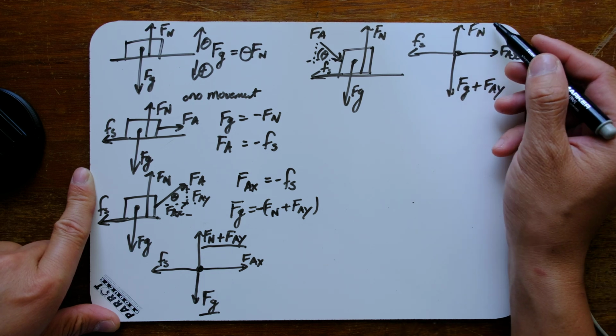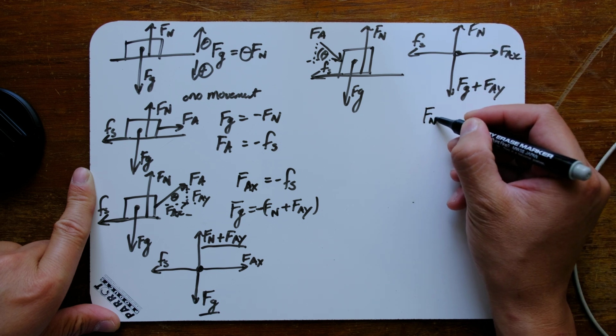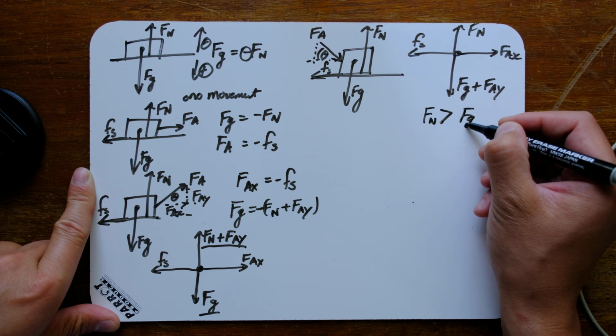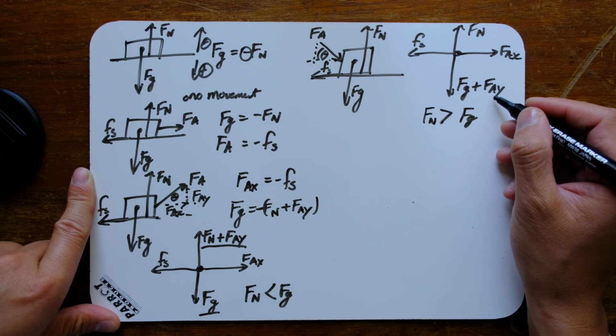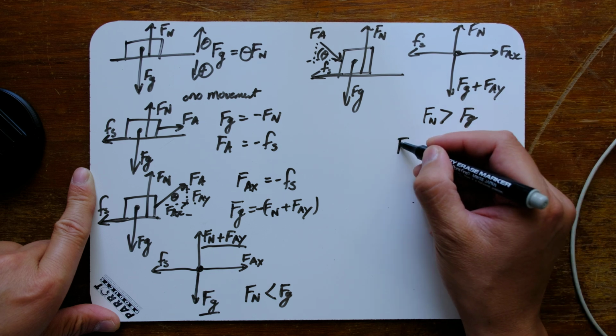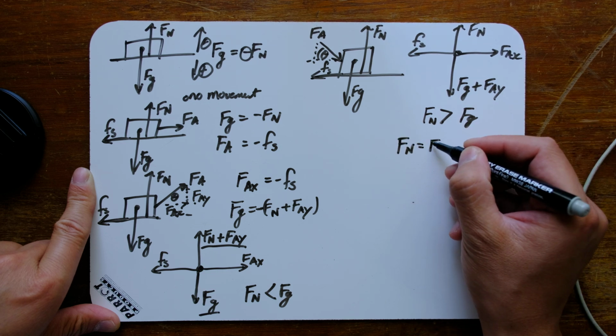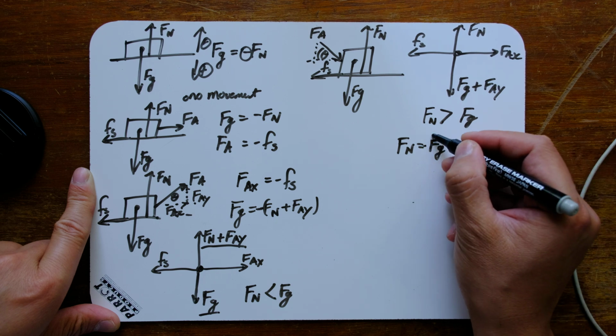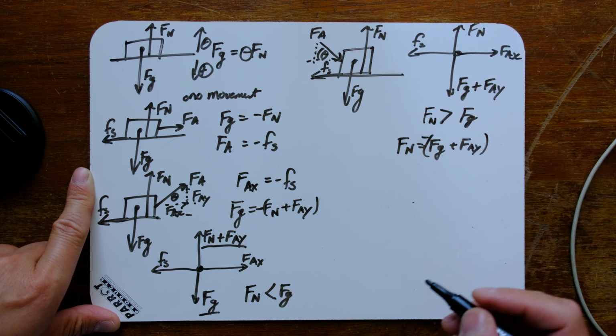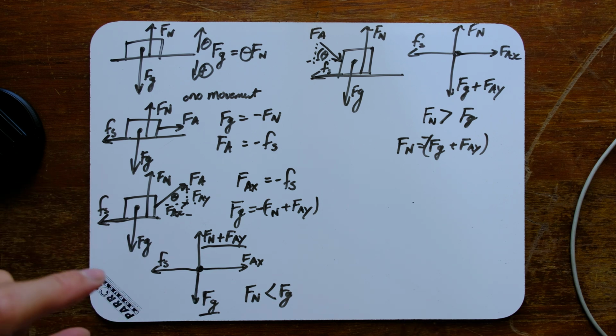That means this time Fn is much greater than Fg, whereas on this side Fn is much smaller than Fg due to the components. So Fn is equal to Fg plus Fay. Okay, negative, there we go. So that is objects which are on a flat plane.